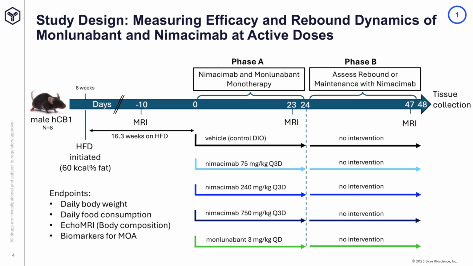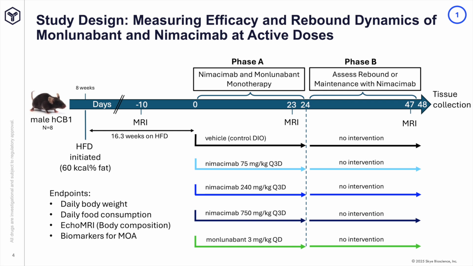We also looked at a much higher dose of nimacimab, the 750 mg per kg dose. And this is really to test the pathway itself, looking at how nimacimab can inhibit CB1 at a sort of maximal dose, which will allow us to understand not only the pathway, but even help us with some internal CMC and development approaches that we're looking at currently.